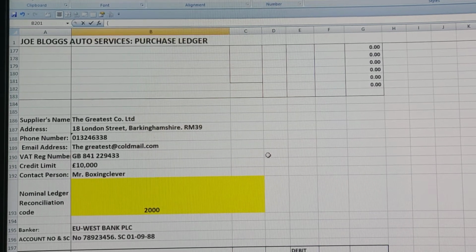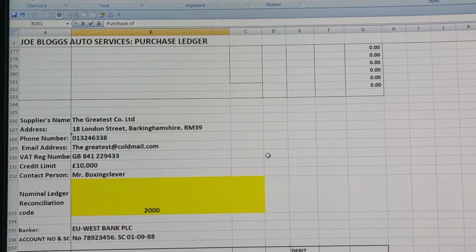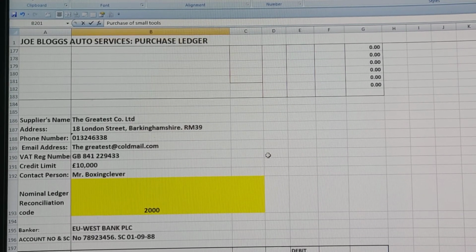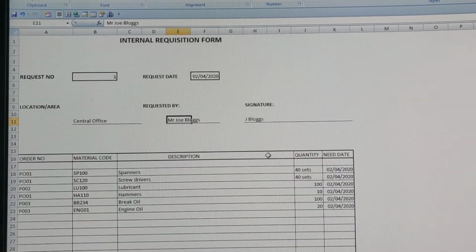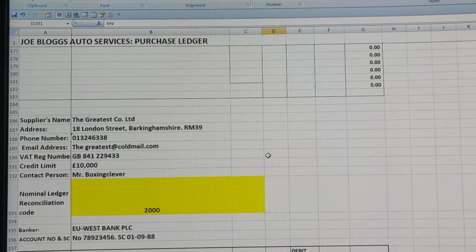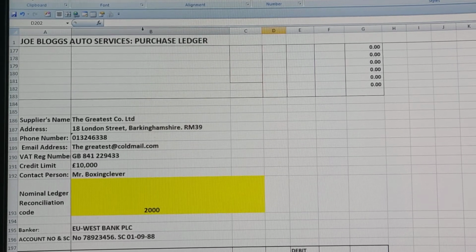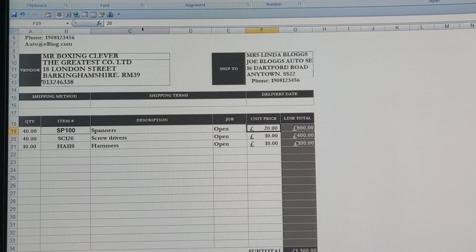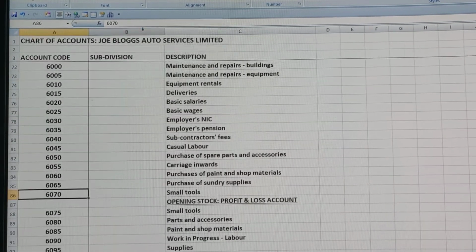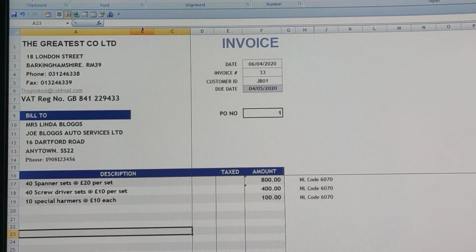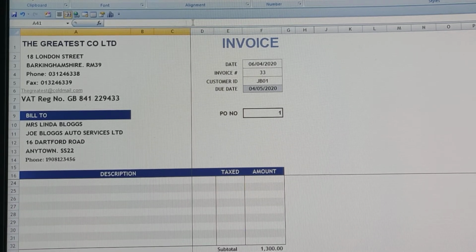Purchase of small tools, nominal ledger code 6070. What is the invoice reference number? Invoice reference number is 33. And the total amount, inclusive of VAT, because we have to pay all the amount to the supplier, is 1560.